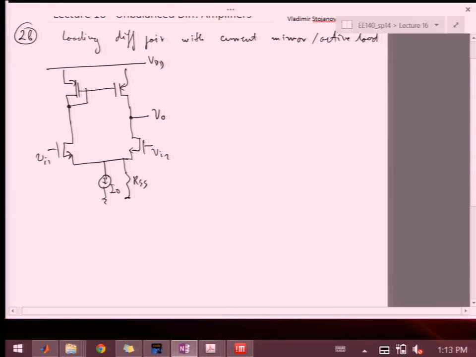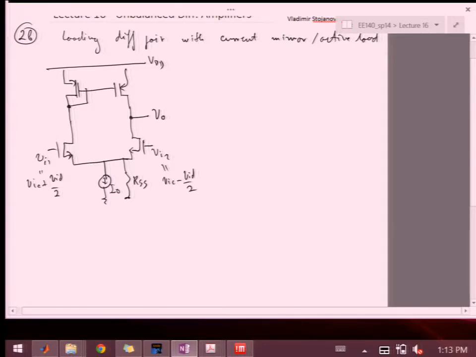So this is VIC plus VID over 2, and this one is VIC minus VID over 2. In the case where we're looking at differential gain, from differential input to this output, I can pretend that this point over here is still around 0.